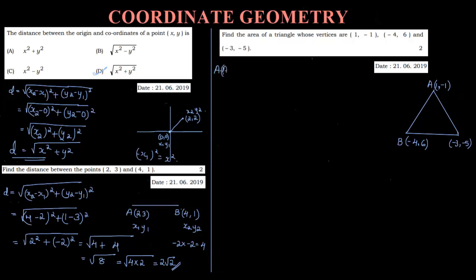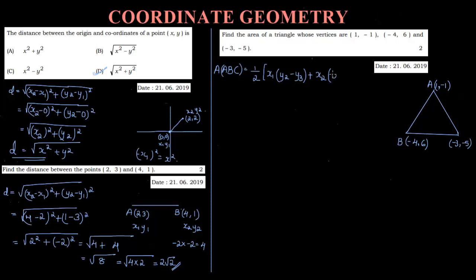So if I am taking it as triangle ABC, then 1 by 2. Again the same formula that I discussed in the previous question, x1 into y2 minus y3, so 1, 2 and 3, plus x2. Now x1 is done, so you need to come to x2 now.